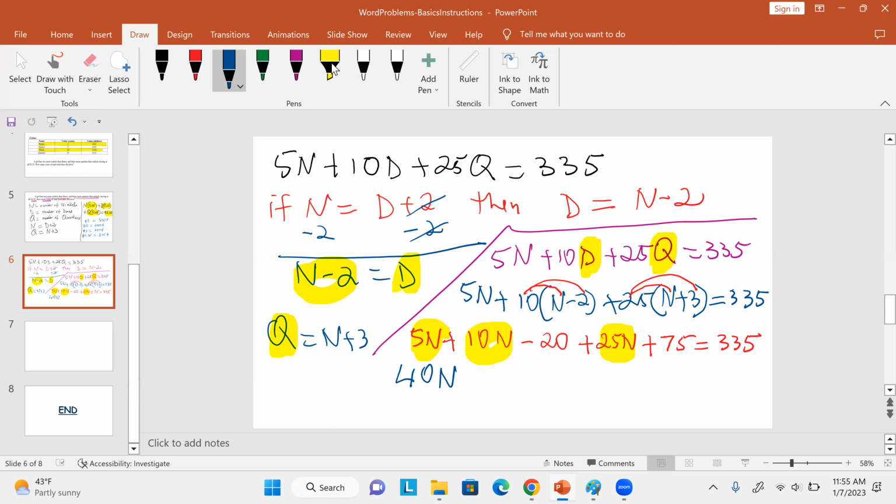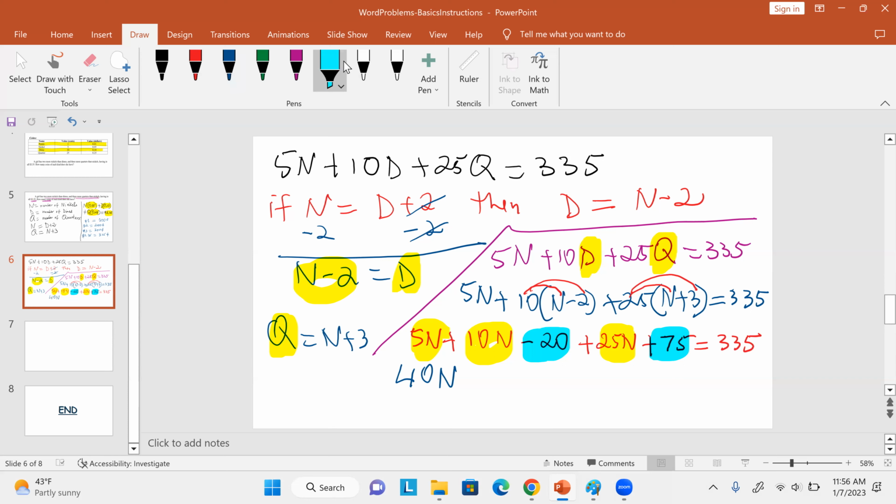Now, other like terms are negative 20 and the positive 75. So if you have negative 20 plus positive 75, this will be how much?